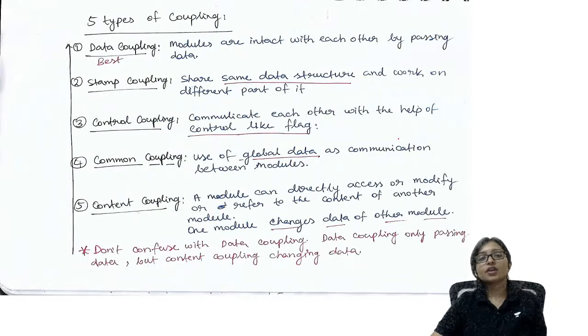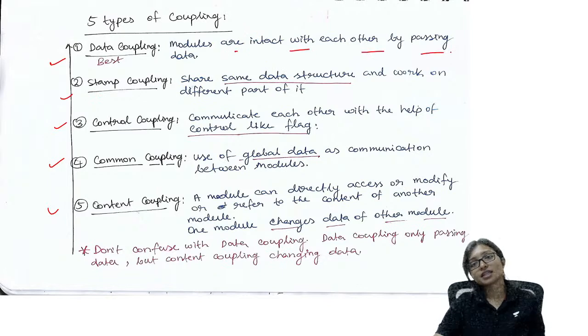Now, what are the different types of coupling? Data coupling, stamp coupling, control coupling, common coupling, and content coupling. Data coupling: modules interact with each other by passing the data. Stamp coupling: share the same data structure.